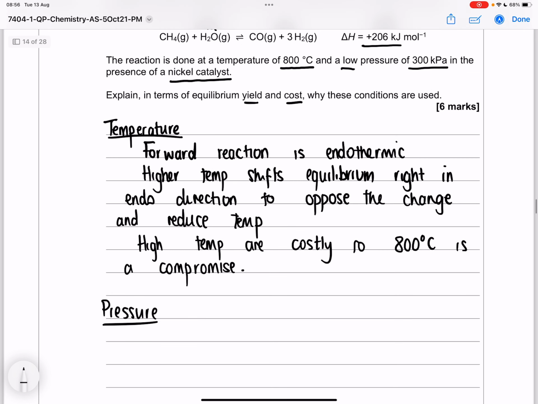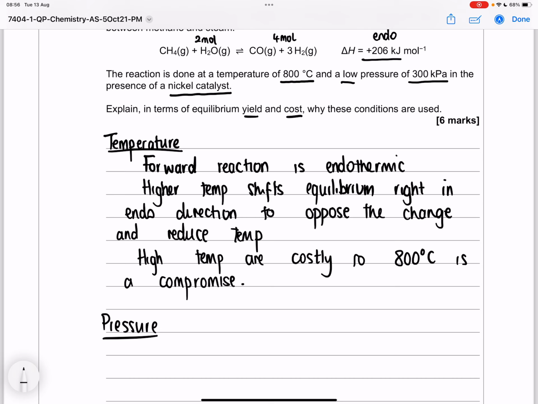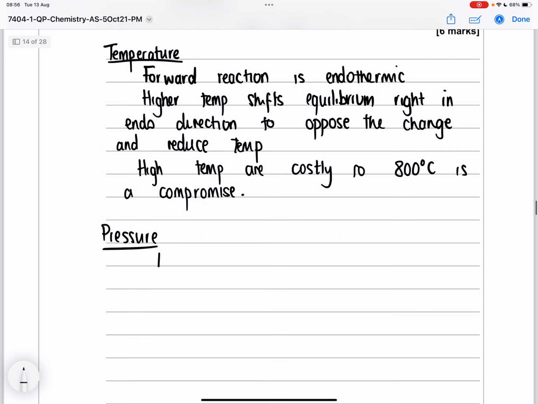So why might they be using a low pressure? Well, if we look, we've got 2 moles on the left and 4 moles on the right. So a low pressure will shift the equilibrium to the side with the most moles in order to oppose the change and increase the pressure. So we've got more moles of gas on the right hand side.